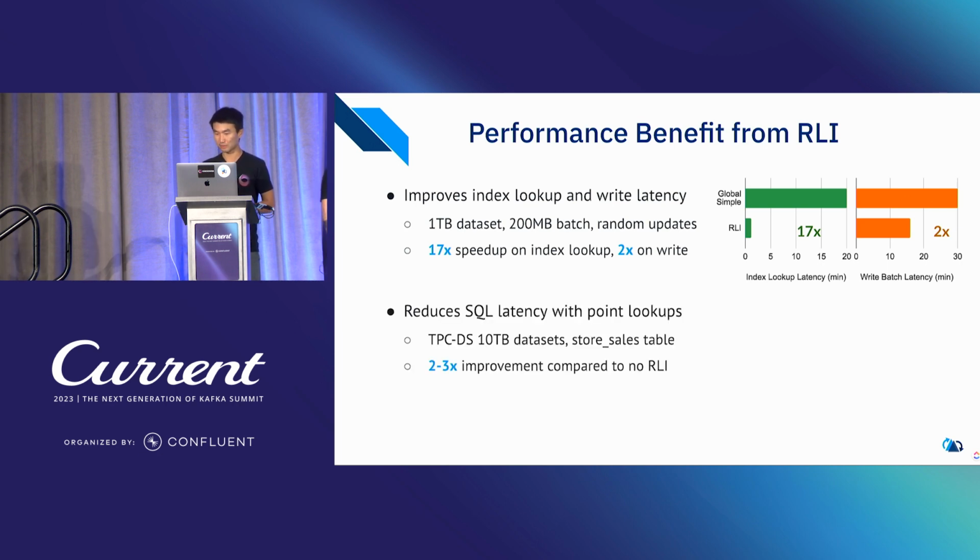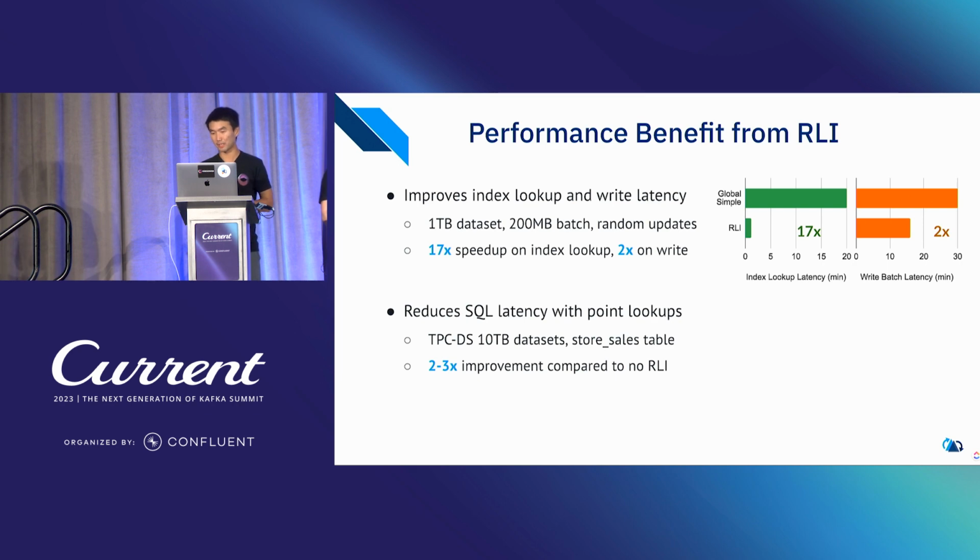Next, we also tried how RLI can improve SQL latency with point lookups. We used the store sales table in the TPC-DS 10 TB dataset, and we ran two types of queries. One is a select star for a particular record key, and the other is a delete operation on a particular record key.